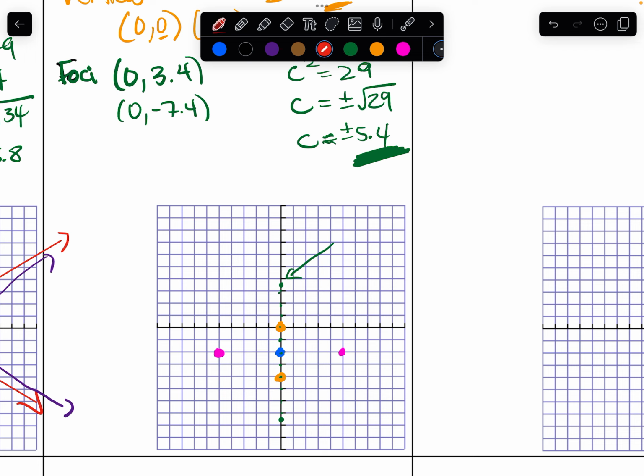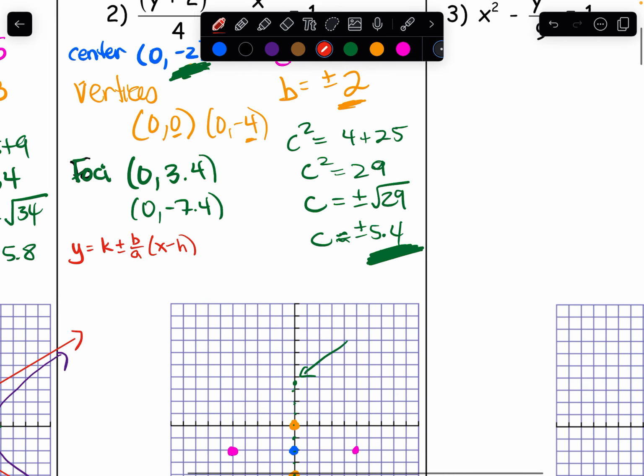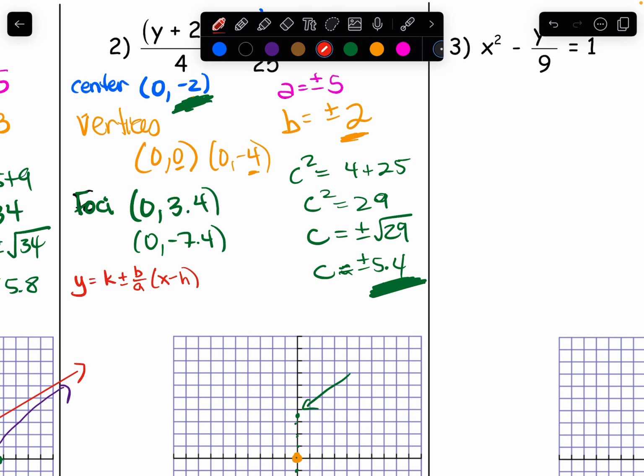Now, I want to do y equals k plus or minus b over a times x minus h. So my k value is -2.